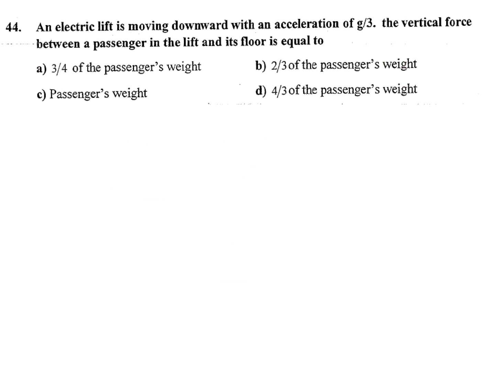An electric lift is moving downward with an acceleration g by 3. The vertical force between a passenger in the lift and its floor is equal to? This is also a very important lift question, asked 4 to 5 times in ISRO.